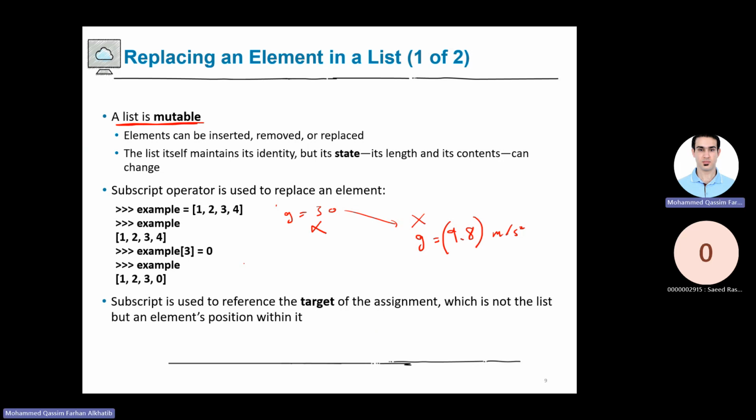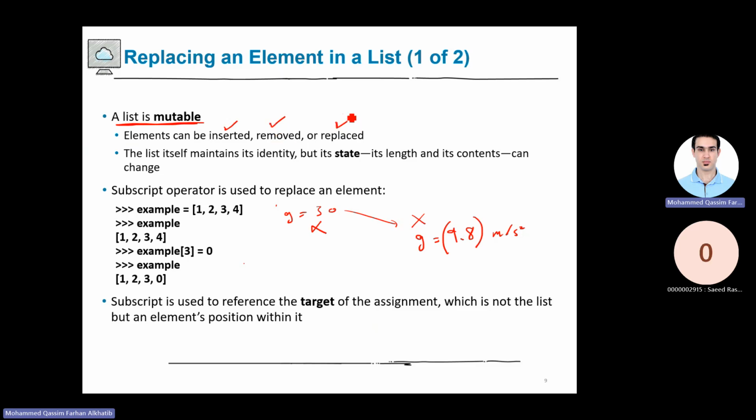Let's see. So subscripts, we have seen that you start from 0 to n minus 1, where n is the length. And with lists, you can insert elements, you can remove elements, and you can replace. We've done inserting by just creating a new list. For removing, there's a command to do that called pop, and you can replace.